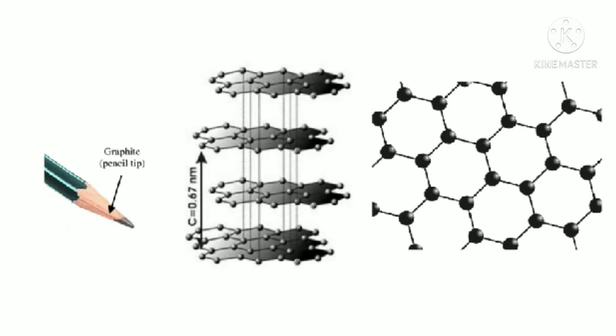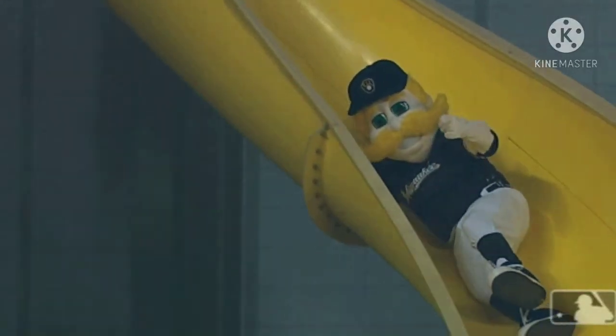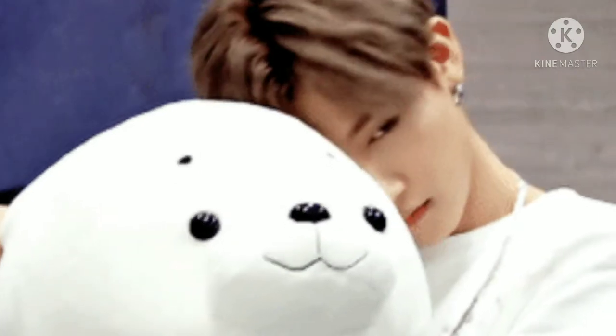Well, the various layers of carbon atoms in graphite are far apart so that no covalent bonds can exist between them. Thus, the various layers of carbon atoms in graphite are joined by weak forces and can slide over one another. Due to this, graphite is a soft substance.